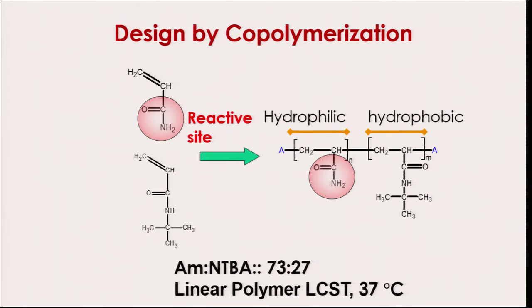If you recall, in my last slide I said we need to stabilize this structure, that means we need to cross-link these structures. Here the amino group, the NH2 group of acrylamide, which is weakly basic, has been used as a reactive group for stabilizing these fibers.